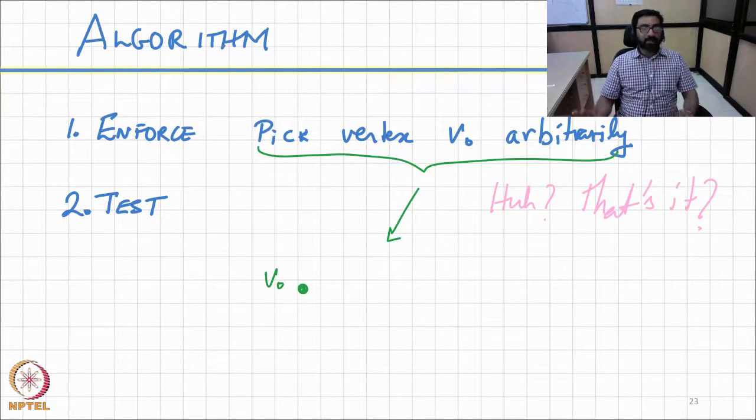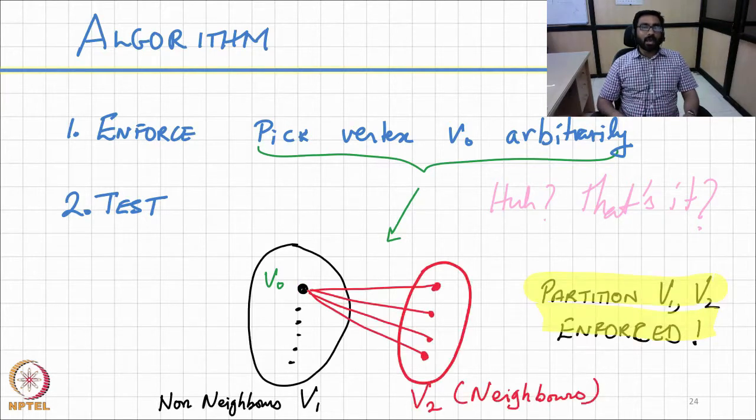As soon as we pick this vertex v0, this immediately enforces a structure. Now, if the graph is in fact a biclique, let's, without loss of generality, assume v0 is in V1. All the neighbors of v0 will have to be in V2, and all the non-neighbors of v0 must be in the set V1.